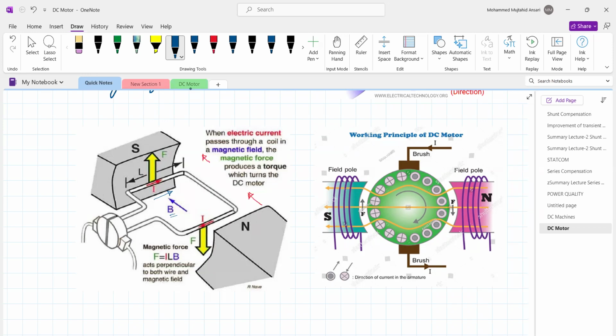Now, the force exerted on this conductor is upward.